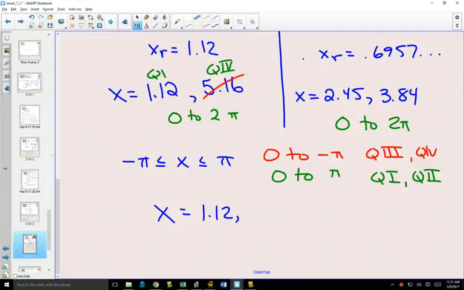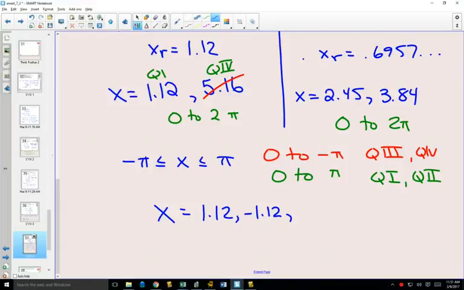We would have to take our angle and think, what is coterminal with 5.16 in quadrant 4? Well, our reference angle is 1.12. Can you see in quadrant 4, your angle is going to be the same as your reference angle. So we're going to get negative 1.12 for that answer in quadrant 4.